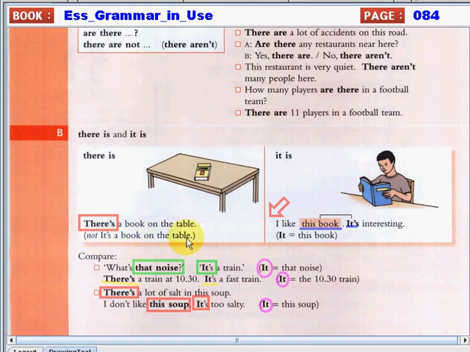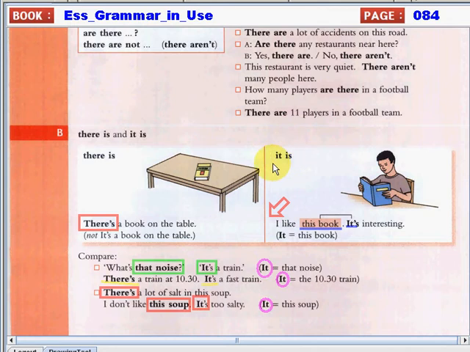It's wrong. Do not use it's a book on the table unless someone asks you what is on the table. You can answer it's a book on the table. But if you will tell a sentence about the picture, you should use there is or there's. Remember that.